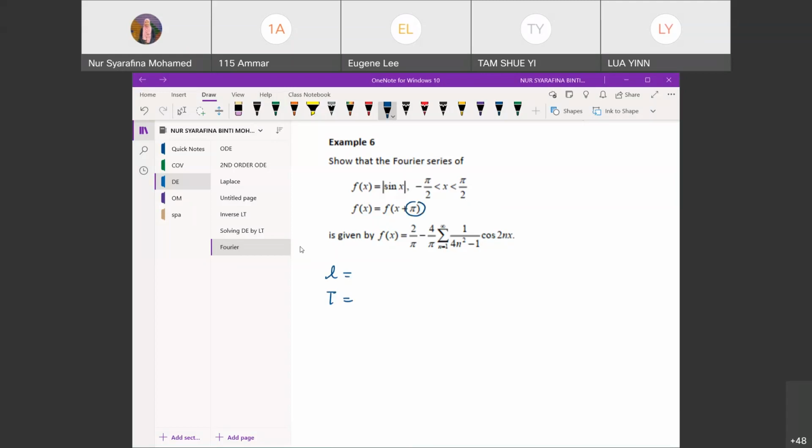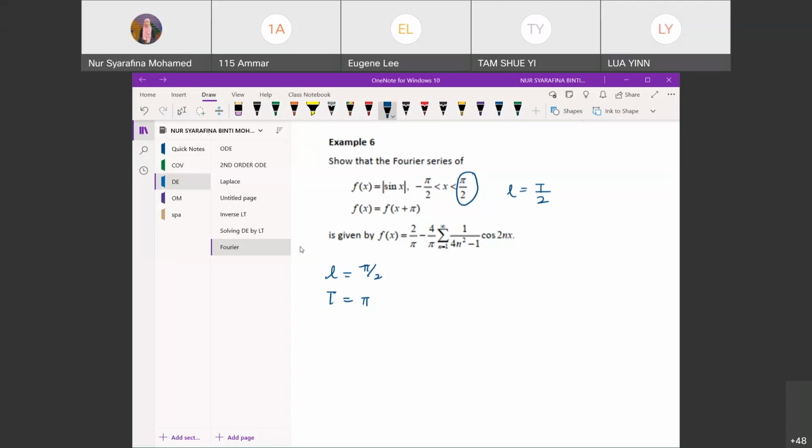Okay. And then L is given by T over 2, so also pi over 2. So now you know your T, now you know your L, and you need to determine the type of the function here. And the easiest way is to plot.